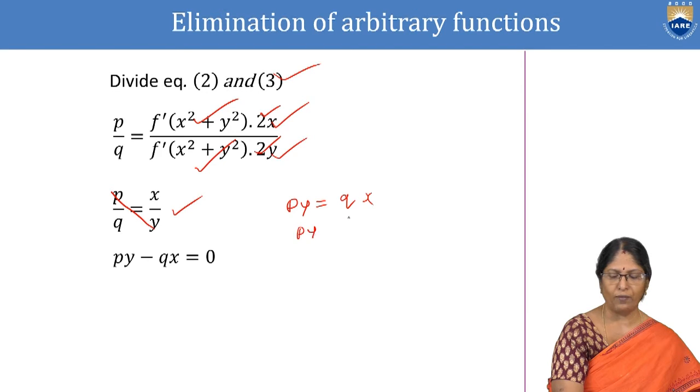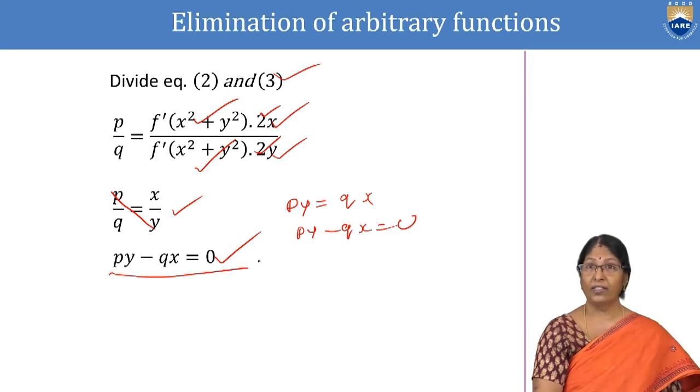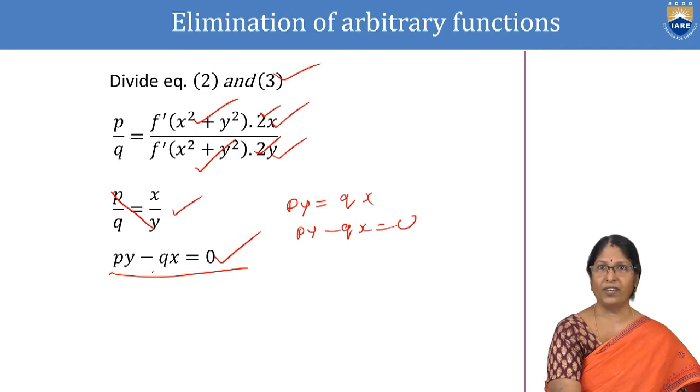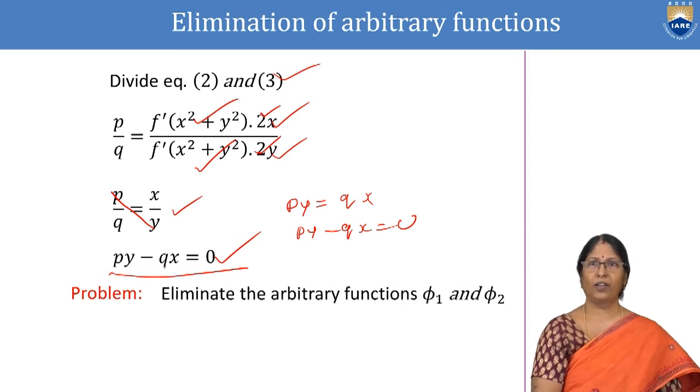So we bring qx to this side, which is equal to 0. That's what we got here. This is the required solution for our given equation, and the function f is not at all seen here. We removed it.